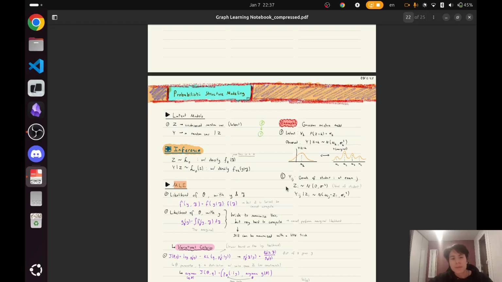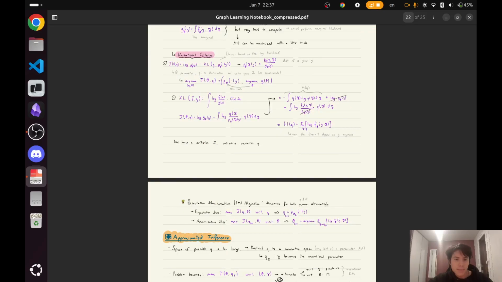So what we do is we use an algorithm called EM, expectation maximization, in which we approximate both at the same time. Instead of minimizing the posterior, you minimize something called the ELBO, which is this formula here, right?